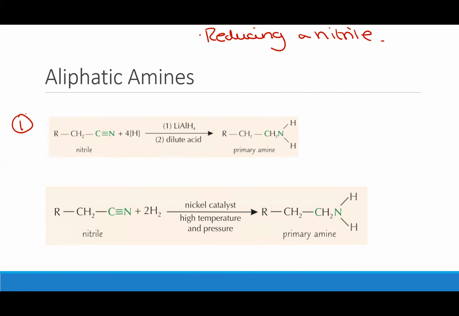So we can use lithium aluminium hydride, and lithium aluminium hydride, this is it here. I'm just going to write that out. That is lithium aluminium hydride.